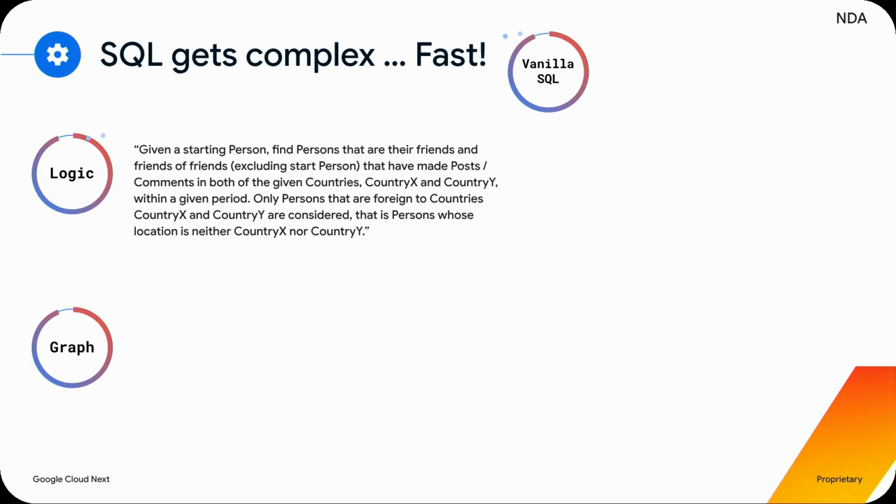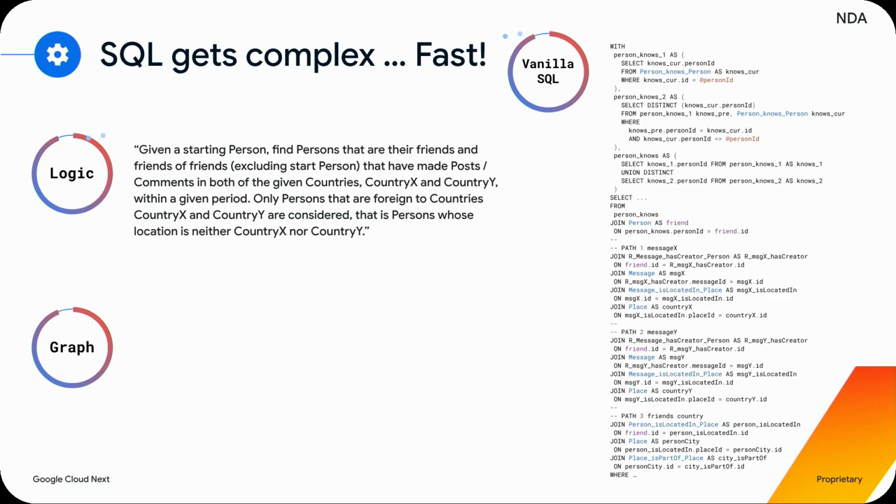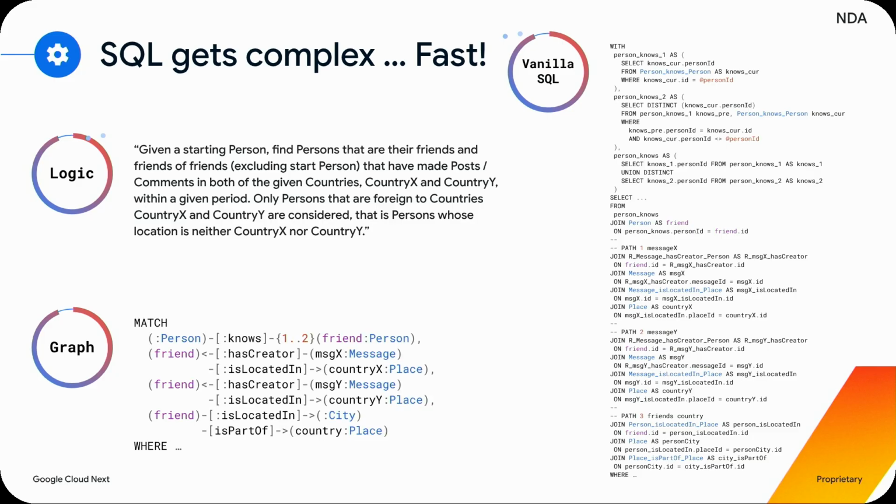People are across different countries. These are friends of friends. If you represented this in a simple relational table and built a SQL query, it becomes very complicated very quickly. Compare that with what you can do with GQL. It's a simple few lines of code that you can write to understand the relationships between these.